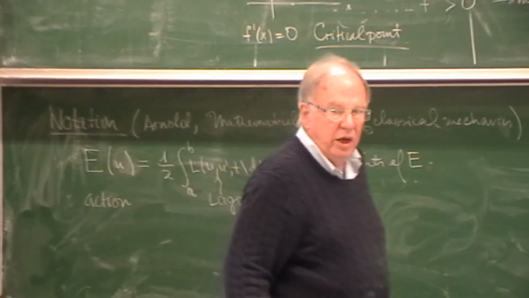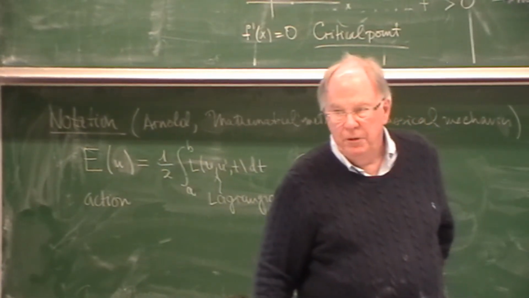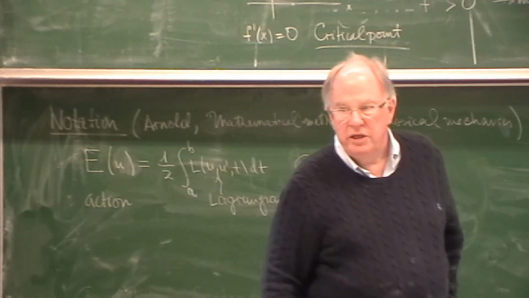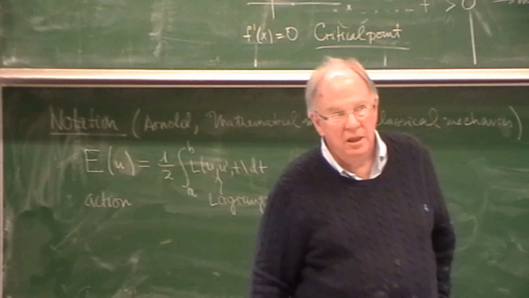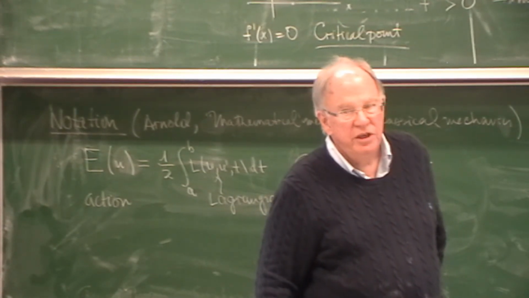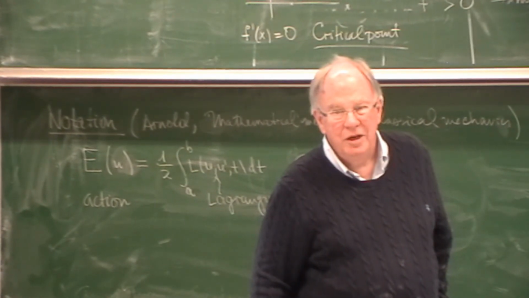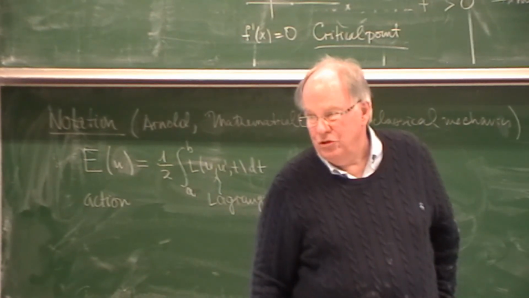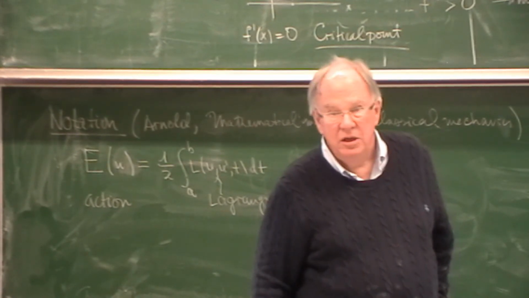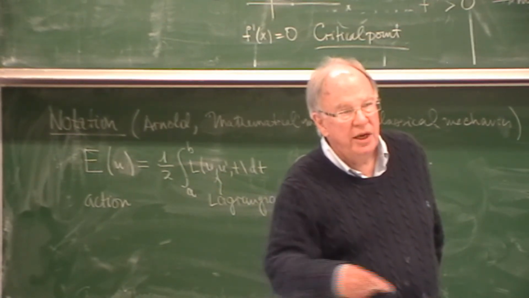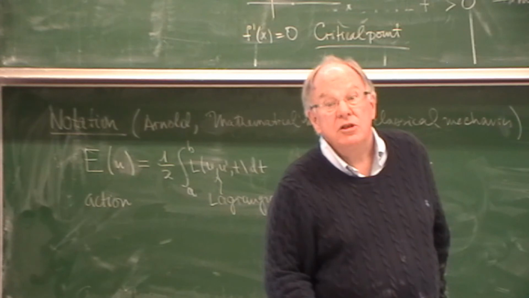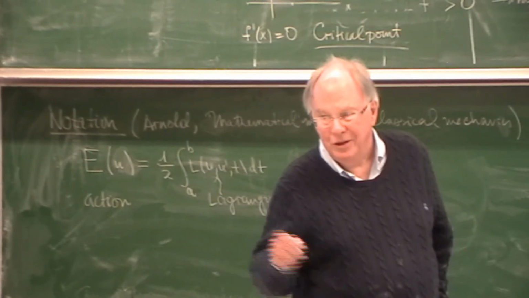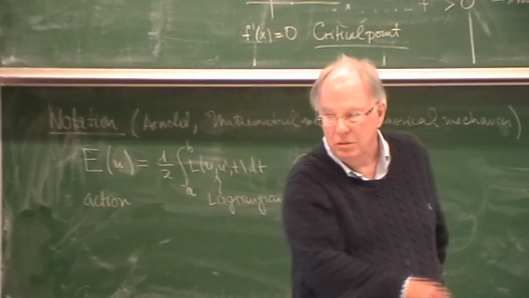This gives us the Lagrangian equations of classical mechanics, and in this case, the Lagrangian equations of the geodesics, and using the Legendre transformation, which I will introduce this afternoon, this gives us the Hamiltonian equations of geodesics, or classical mechanics, which embeds all of classical mechanics in symplectic geometry, one of the most important modern subjects of mathematics. Let me say it again. Lagrangian, Hamiltonian, symplectic geometry.